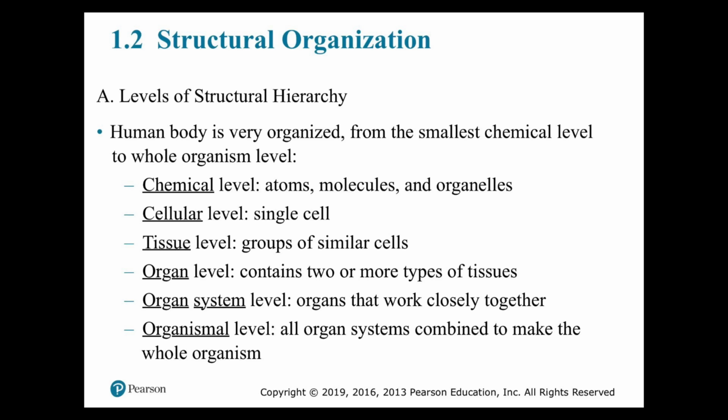The cellular level is the single cell, which we said is the smallest unit of life. The tissue level is groups of similar cells working together. The organ level contains two or more types of tissues. The organ system level is when organs work closely together. And the organismal level is all the organ systems combined to make the whole organism.